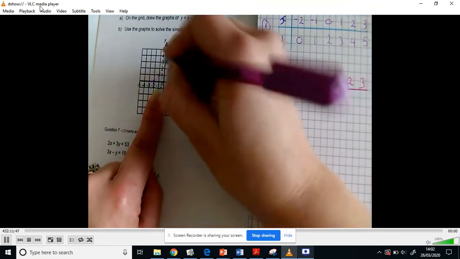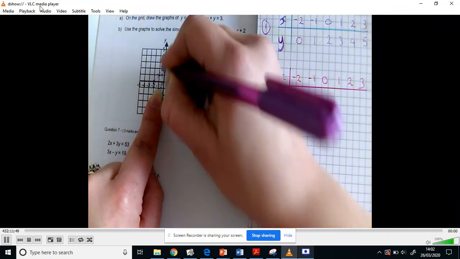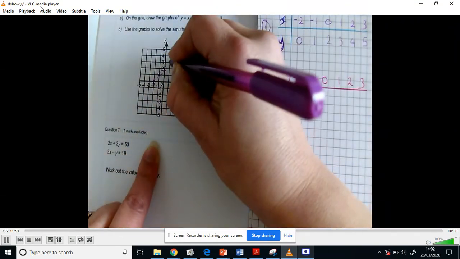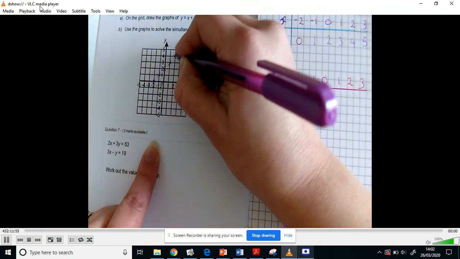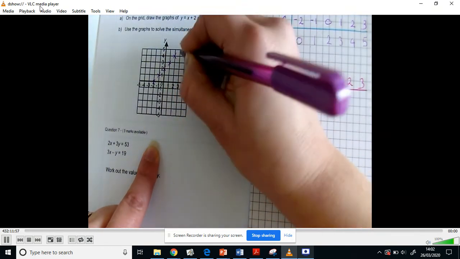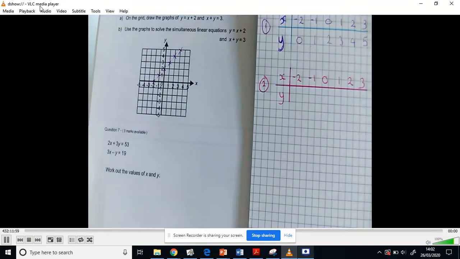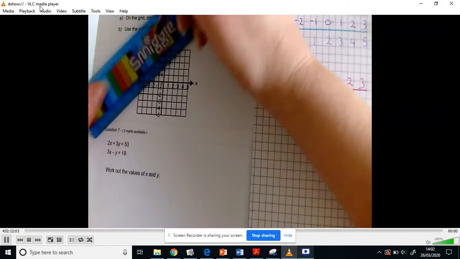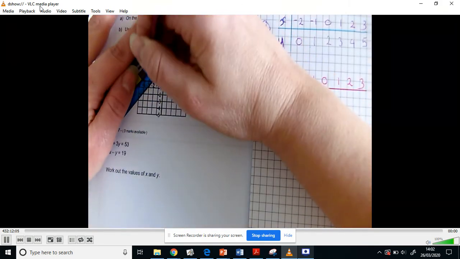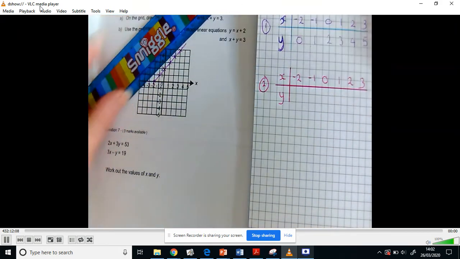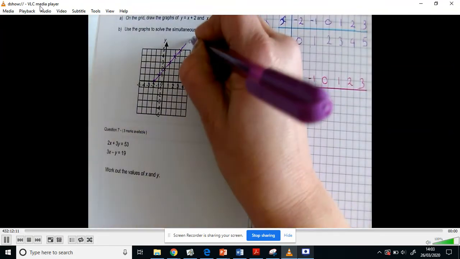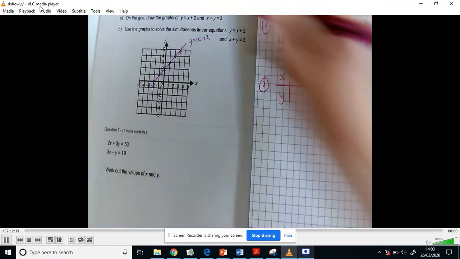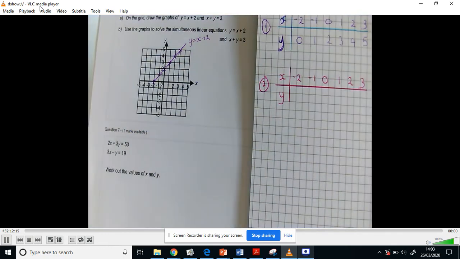Then 0, 2. 1, 3. 2, 4. And 3, 5. Okay, once I've got those plotted on, I can draw my line in, and label it. Okay, so that's the first one done.